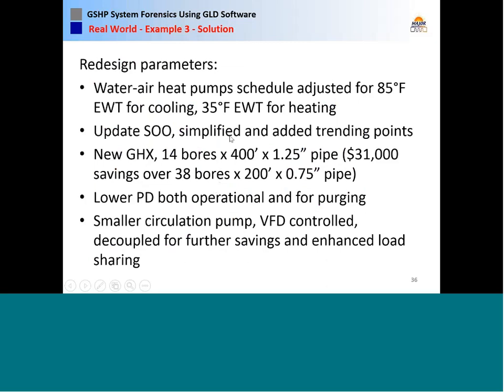We also lowered the pressure drop, both for operational use and for purging, and went down from a 10 horsepower pump to, I think, 2.5 or 3 horsepower with VFD control, and we've further decoupled that to improve load sharing and further reduce operating costs.